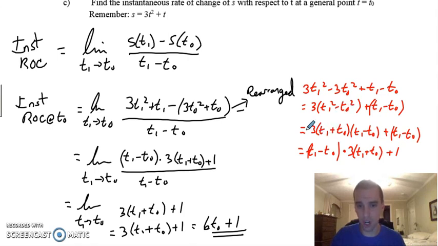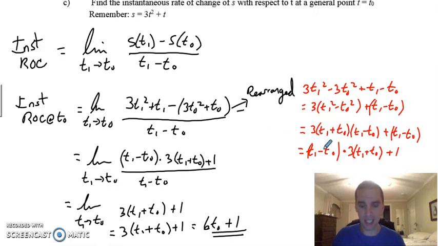Now notice that I have all of this as one big term multiplied together, plus this part. Since this is all multiplied together, I can take out a t1 minus t sub 0. If I factor that out, I can have t1 minus t sub 0 be a factor and cancel with the denominator here.